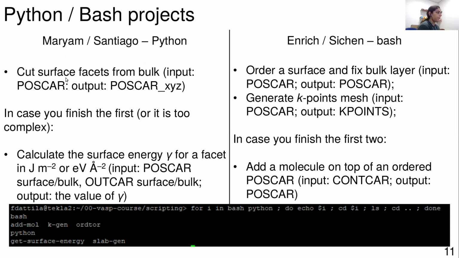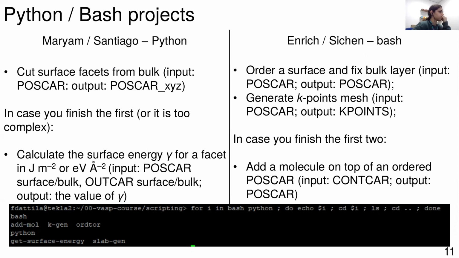So you need to cut surface facets from the bulk. I gave you as input a standardized POSCAR of a bulk, and you will need to generate as output the POSCAR of the different facets. So if you have a bulk of copper, well, in that case I gave you a bulk of silver, that is a standard FCC.